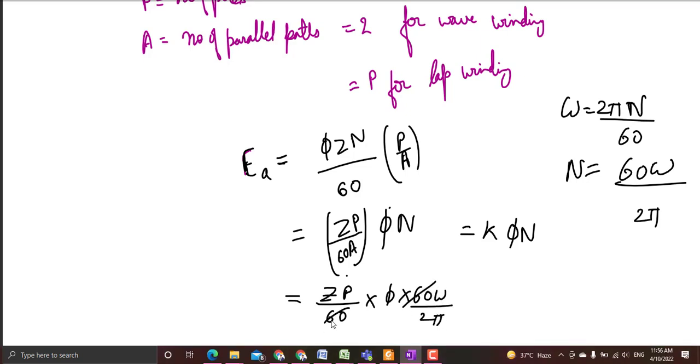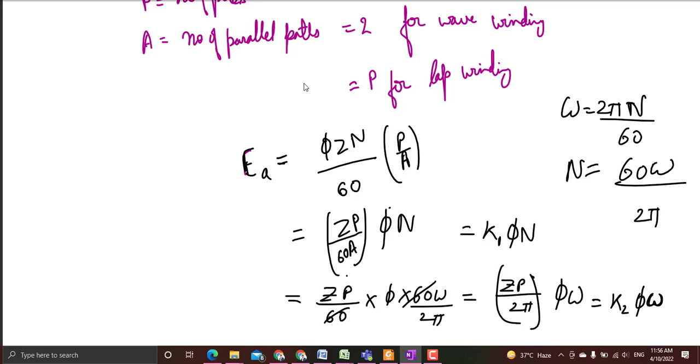The 60 cancels out, so in terms of omega I get Z P divided by 2 pi A. Now the constant, suppose this is K1, so I can write it as K2 phi into omega.